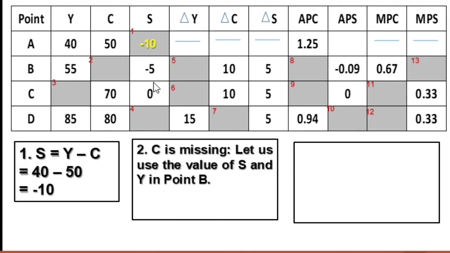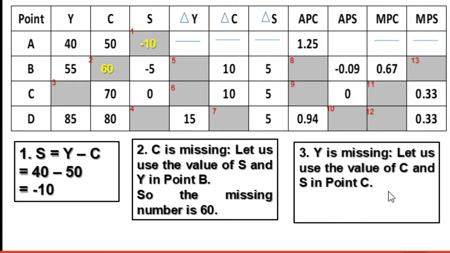That number is 60. Therefore, the missing consumption is 60, because once we deduct 55 minus 60, the answer for savings is negative 5.